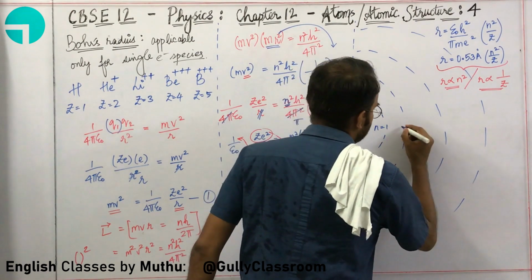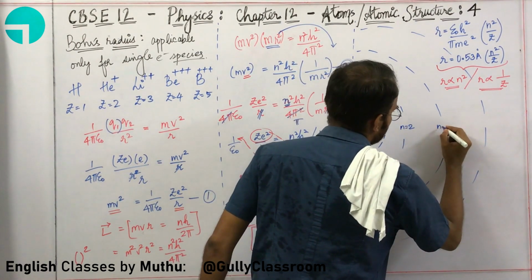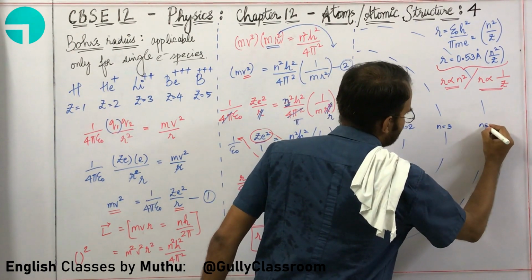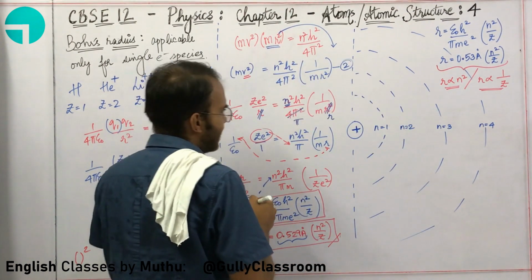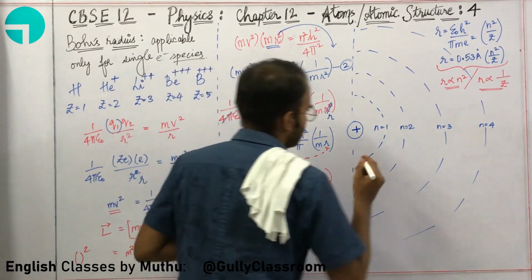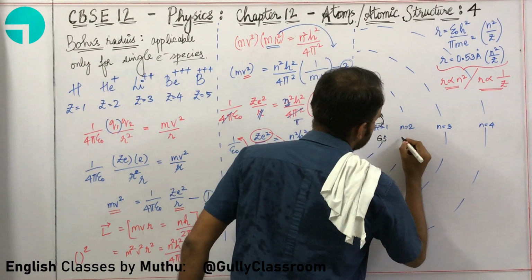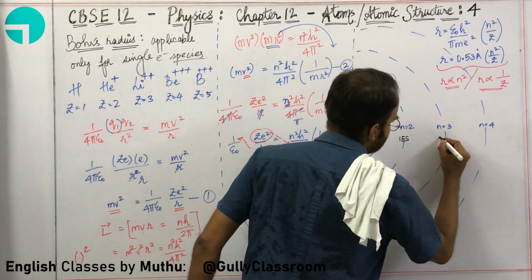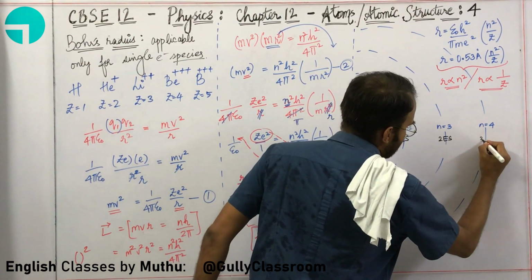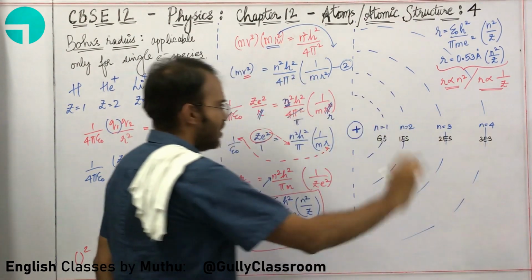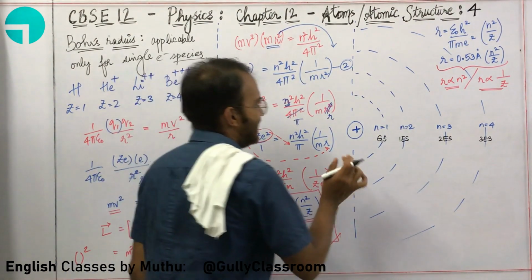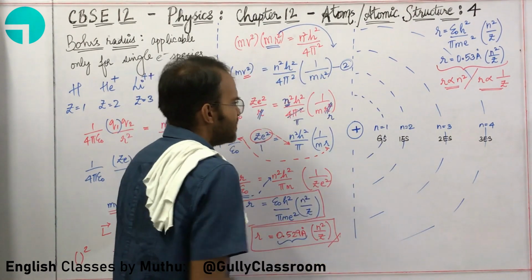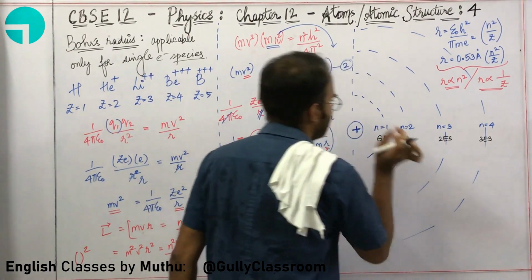So I am going to write n equal to 1, n equal to 2, n equal to 3, n equal to 4. Then I am going to write, this is going to be my ground state, this is my first excited state, second excited state and third excited state. Fine, sir. Now here, how will you find the radius of each and every orbital?